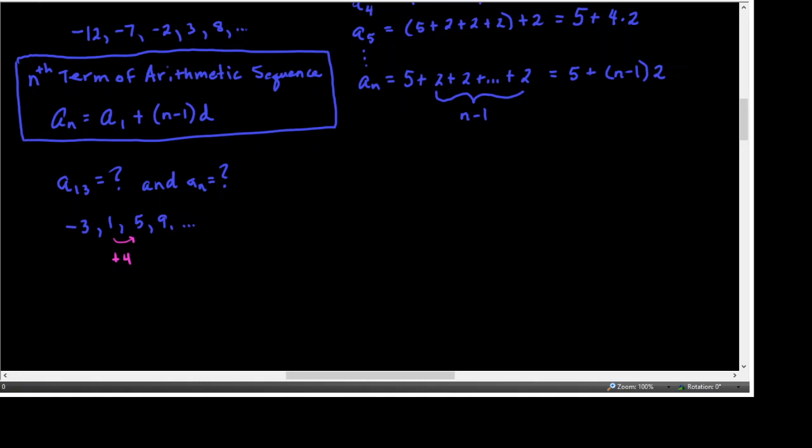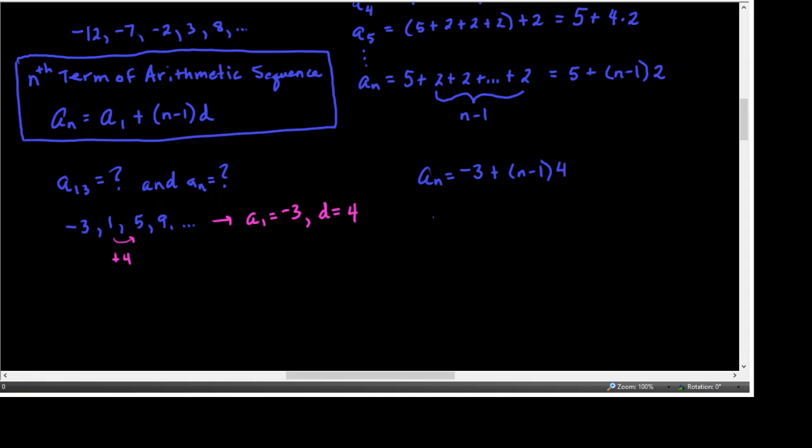So what this information gives me directly is that the first term is -3, and we just calculated the common difference d, which is 4. So that means that a sub n is a sub 1 that we just found plus n minus 1 times d, which in this problem is 4.